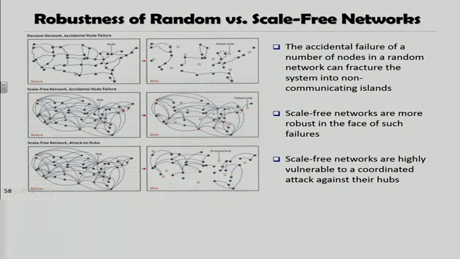Suppose during a war people want to disable the transportation network. It's actually not easy, because if you cut off this edge, there are other edges to go. There's no single node or edge you can cut to disable the whole thing, because everybody is sort of equal. So it's very hard to disable the whole thing.